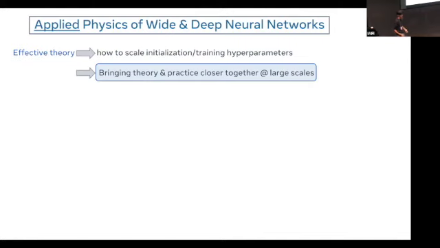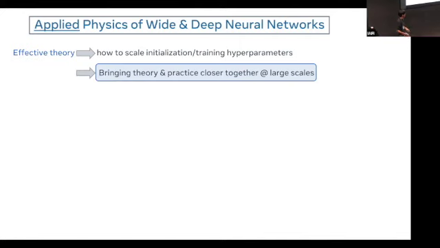One thing you learn by studying this effective theory is that in trying to take the sensible limit of a large network, you find some insight into how you should scale the initialization, meaning how you should initialize the weights, and also how you should scale the training hyperparameters like learning rates for each layer, and you can apply this in a real setup.